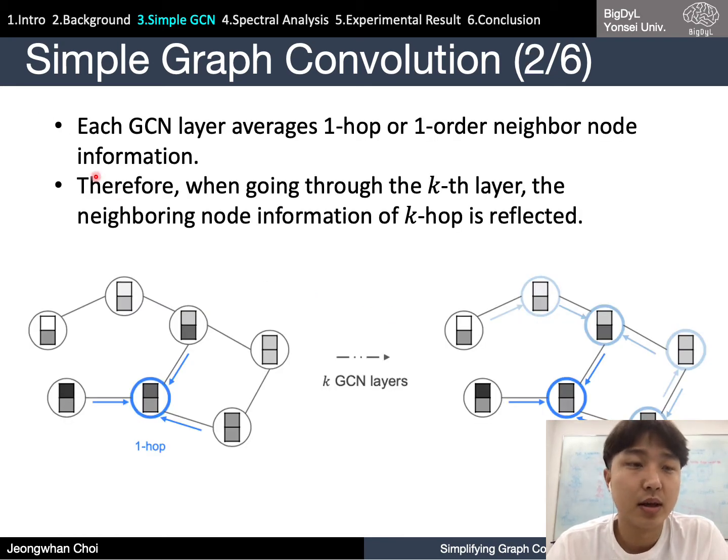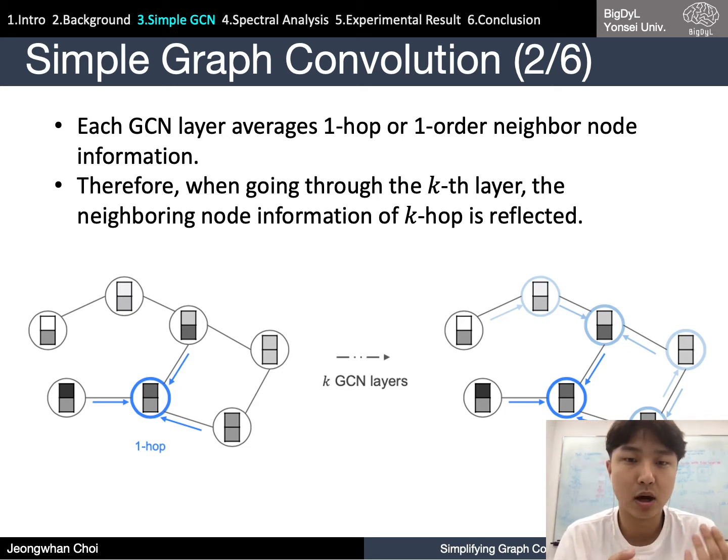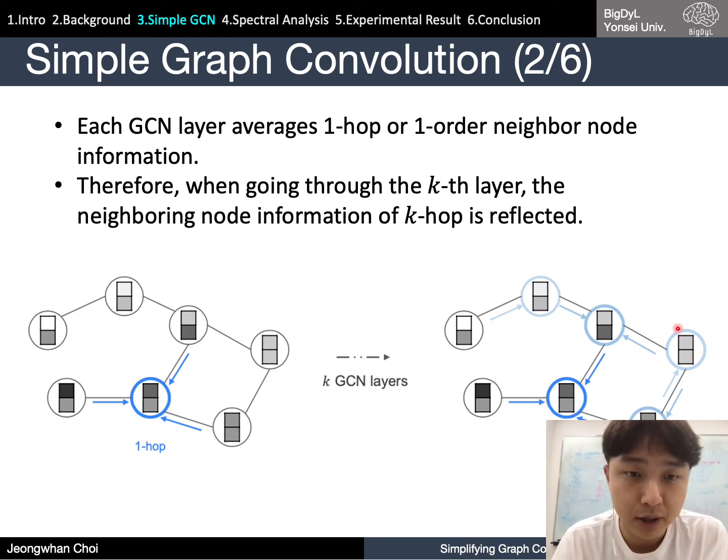In GCNs, the layers have a second important function. In each layer, the hidden representations are averaged among neighbors that are one hop away. This implies that after k layers, a node obtains feature information from all nodes k hops away in the graph, like this figure.